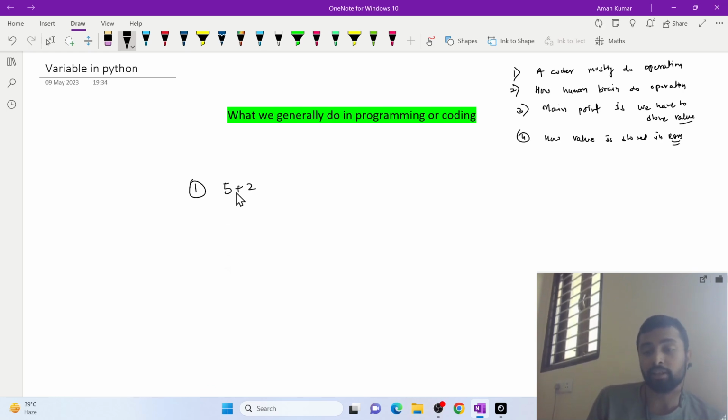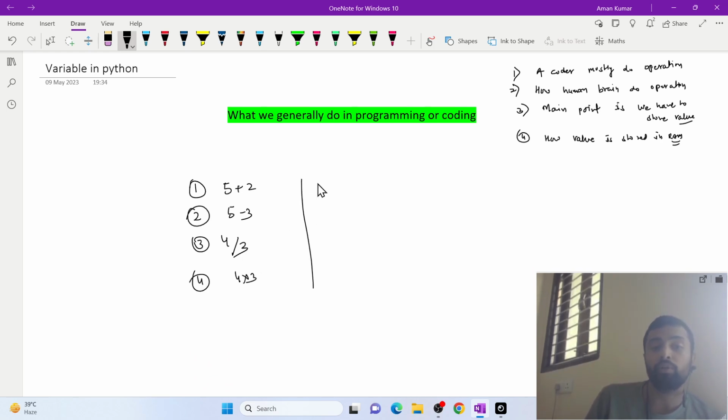Operations also have types. This is an addition operation: you are performing a sum between 5 and 2. Or you could do 5 minus 3, or 4 divided by 3, or 4 into 3, or 2 plus 3 minus 3, or 5 plus 5 square plus 9 plus root 5.